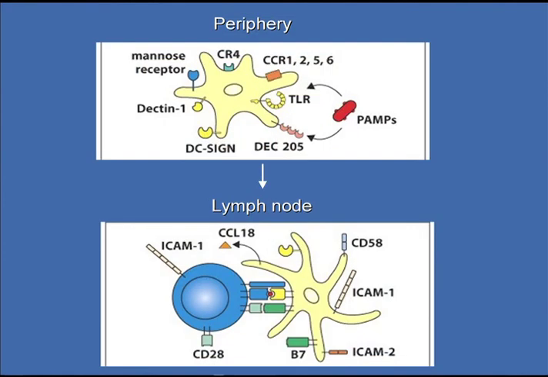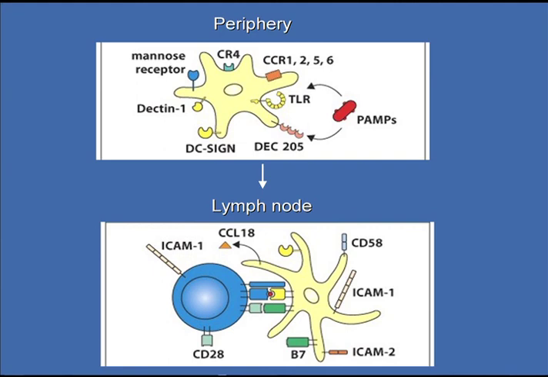So in the periphery, you have dendritic cells with a lot of receptors that are able to recognize microbes. The microbes have molecules on them called pathogen-associated molecular patterns, the PAMPs there on the right, and they can interact with a number of different receptors on antigen-presenting cells, including receptors that recognize things like bacterial peptides or endotoxin or DNA or RNA.